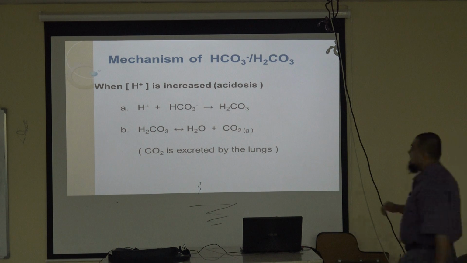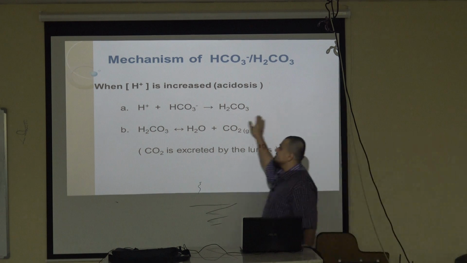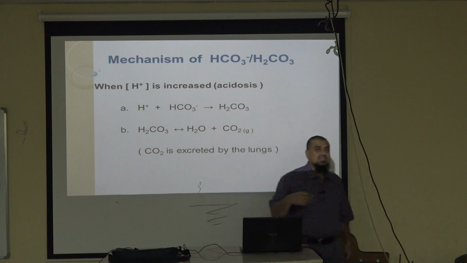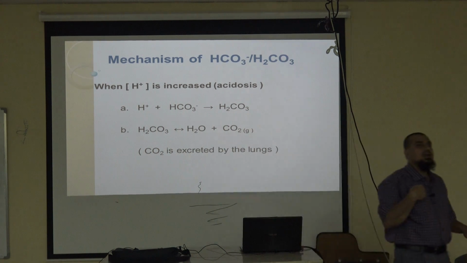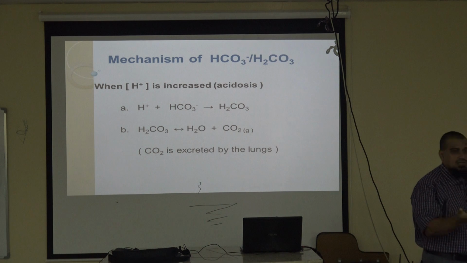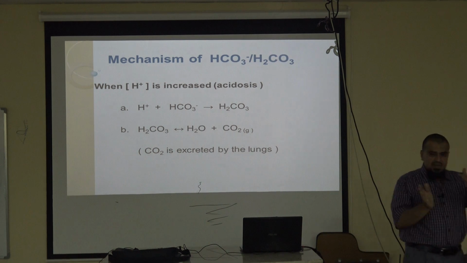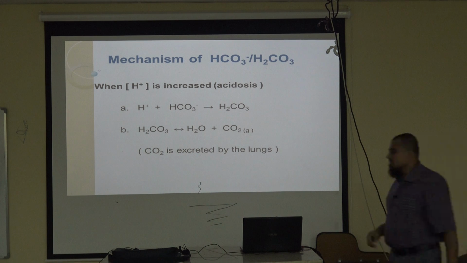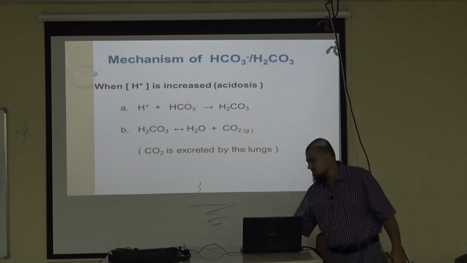How? This carbonic acid can be dissociated into water and CO2, and this CO2 can be expelled out by respiration. Clear? So there is a synchronization between the two systems, the bicarbonate chemical buffer system and the carbon dioxide. Now how carbon dioxide, I will come to it.